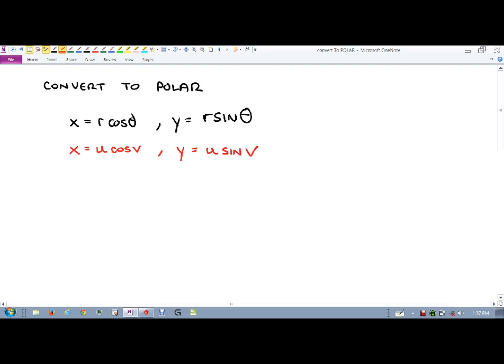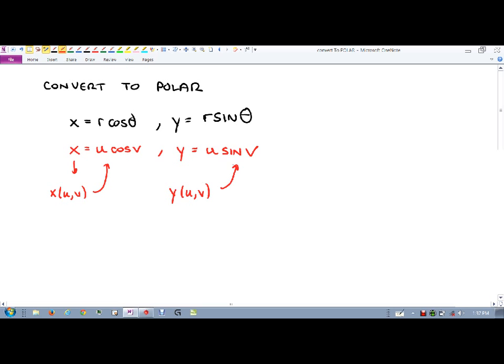So I'm just replacing r with u and theta with v, just so I can use the general formula. Does everyone see here also that x is now a function of u and v, right? y is now a function of u and v.